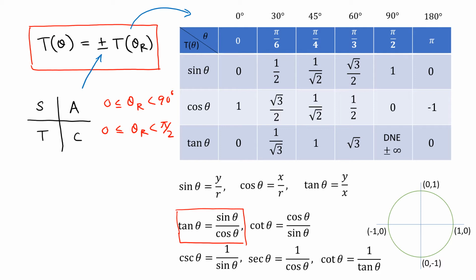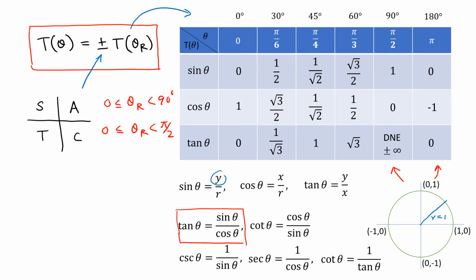Also, when they are multiples of pi over 2, we can use the unit circle for the last two columns. The sine value is just the y coordinate, because the radius r is equal to 1, so you can ignore that.